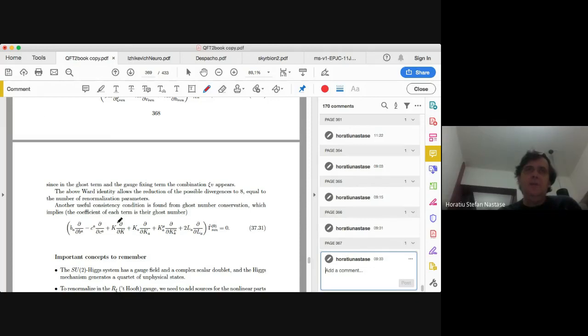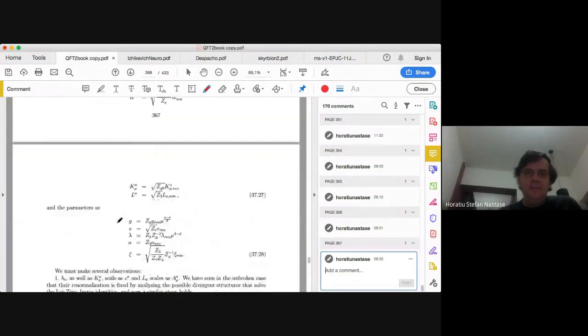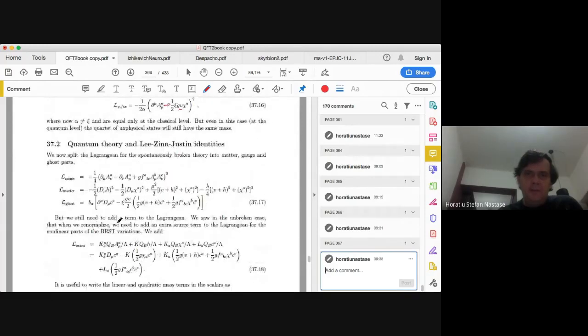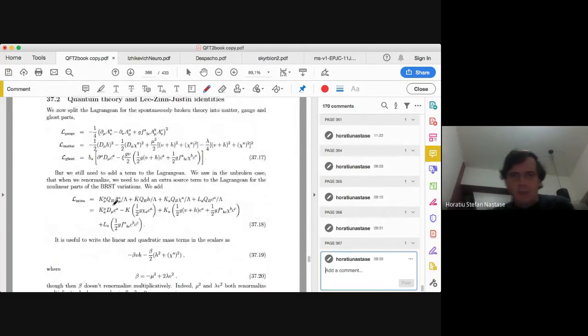Okay, but then when I extend this by adding sources, each source has now a ghost number. I don't remember if I talked about it before, but let's see. So this is the extra term in the Lagrangian, right?